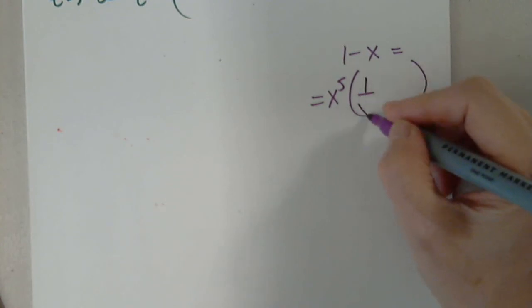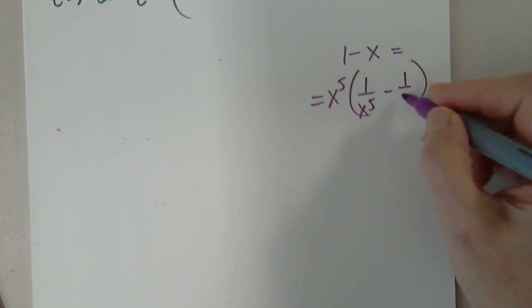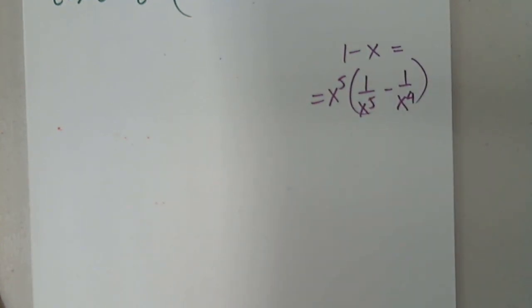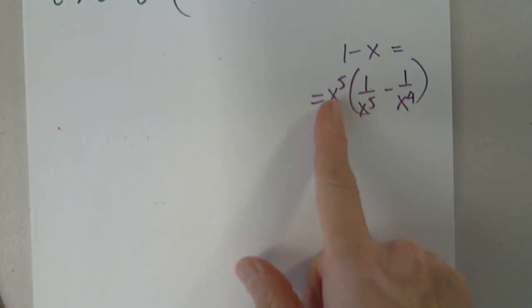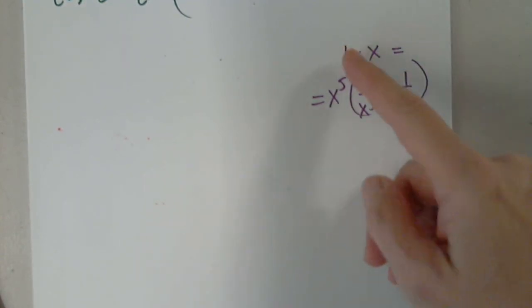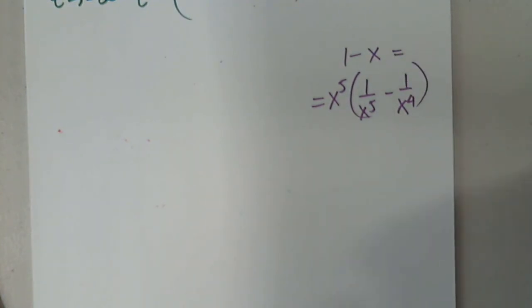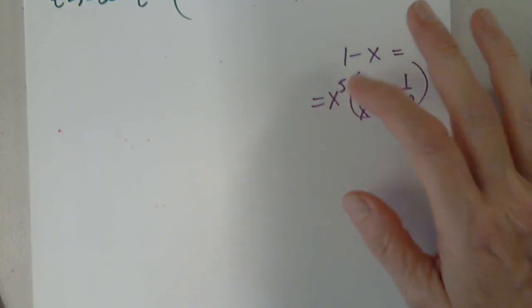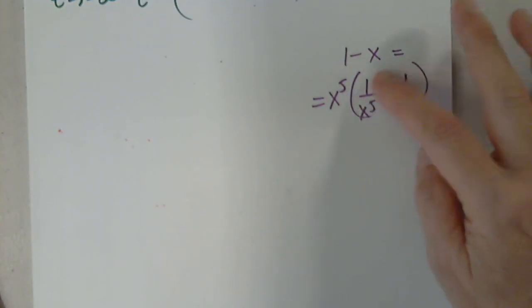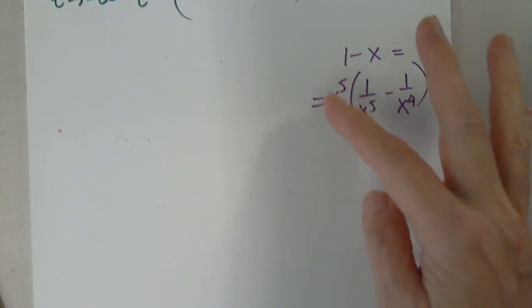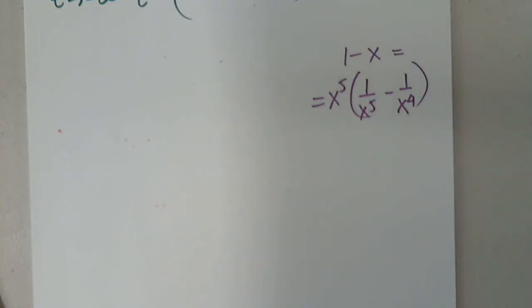As long as I write 1 over x to the 5th minus 1 over x to the 4th, I'm fine. x to the 5th times 1 over x to the 5th is 1, and x to the 5th divided by x to the 4th is x. So I can factor out whatever I please, as long as what I put inside matches. If I want to go back and check, I get back 1 minus x.